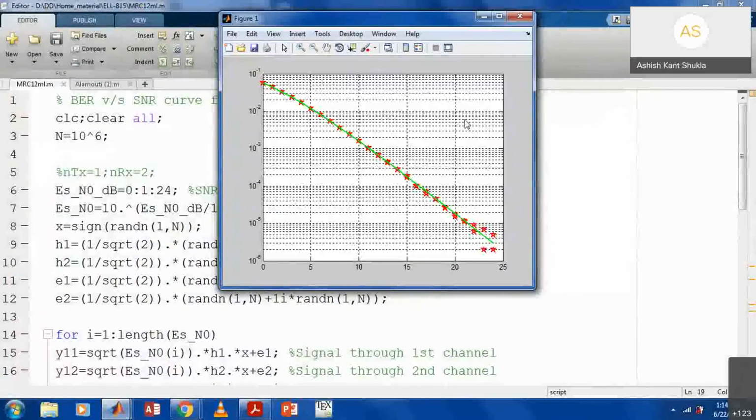And the result will come like this. You can see that our analytical findings are matching our simulated ones, which implies that the overall result is verified over here.